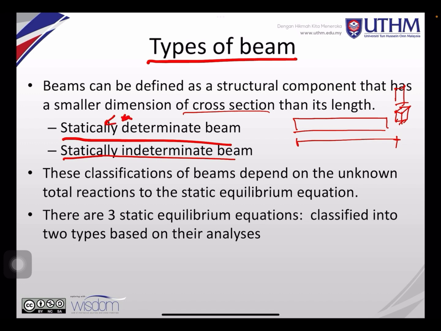We have statically determinate beams and also statically indeterminate beams. This classification of beam depends on the total unknown reaction forces relative to the static equilibrium equations. There are three equilibrium equations, and beams are classified into two types based on their analysis.